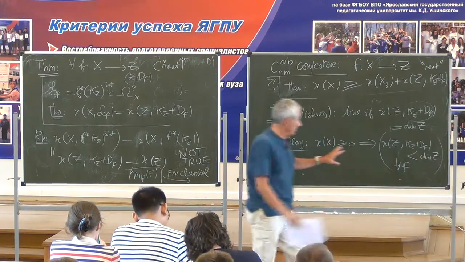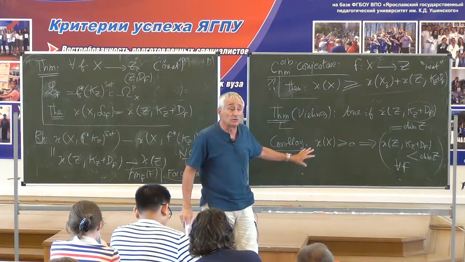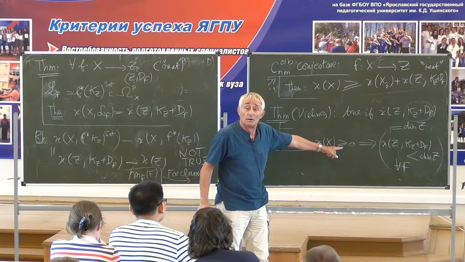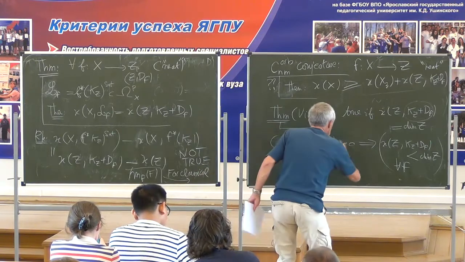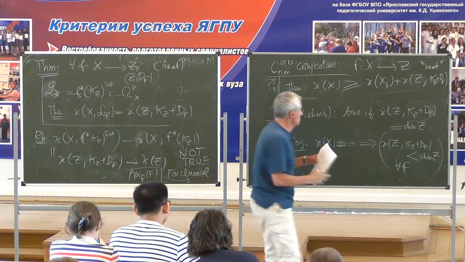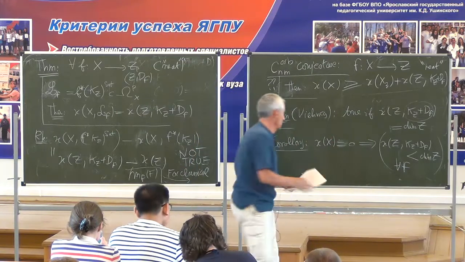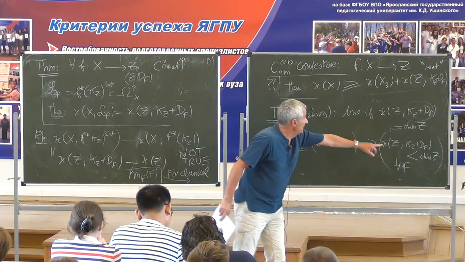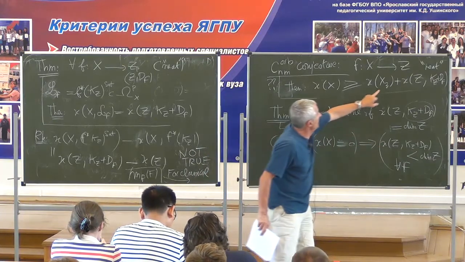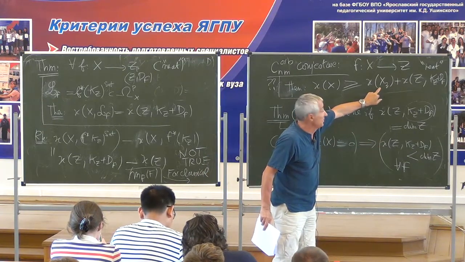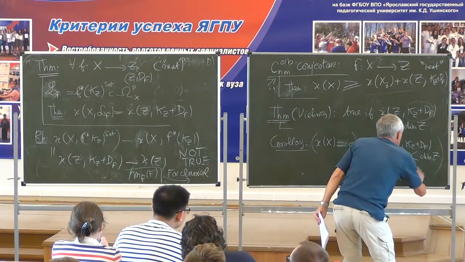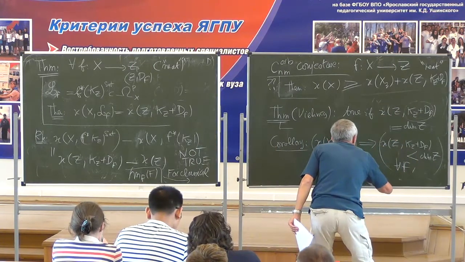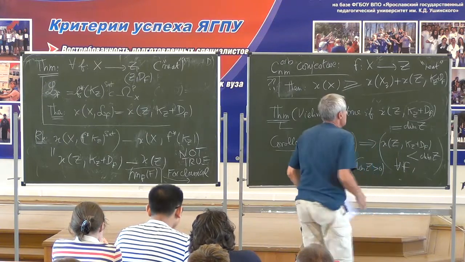So you never have an orbifold base of general type if you have kappa of x equal to 0. Why is this? This is for a very simple reason, for any f, and of course I'm assuming that the dimension of z is positive.